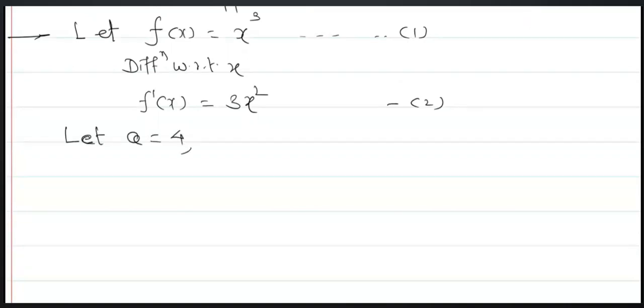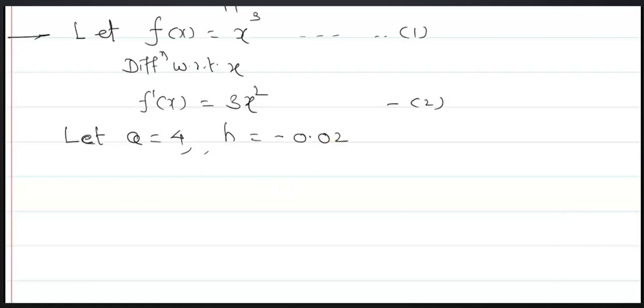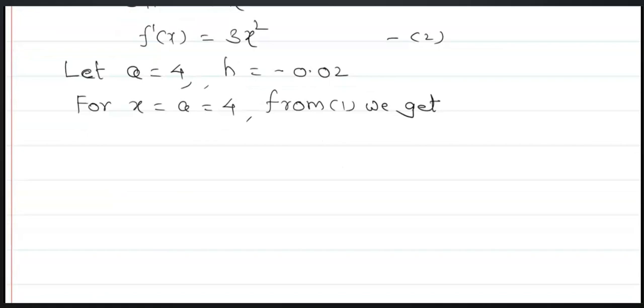Let a be equal to, what is the nearest value? The nearest value for 3.98 is 4. And that's why we take a is equal to 4 and h is equal to minus 0.02. And that's why x is equal to a is equal to 4. From 1 we get f of a is equal to f of 4 is equal to 4 raised to 3.